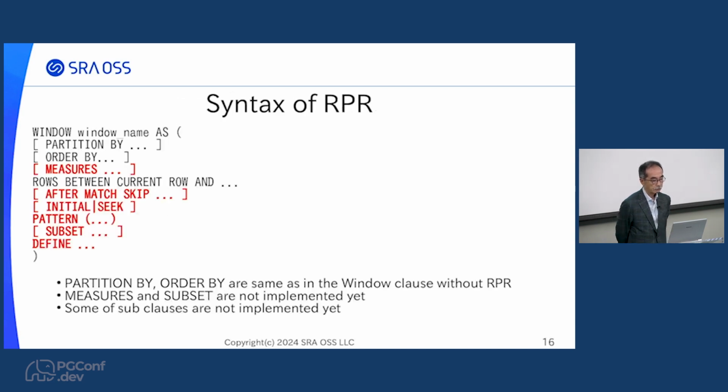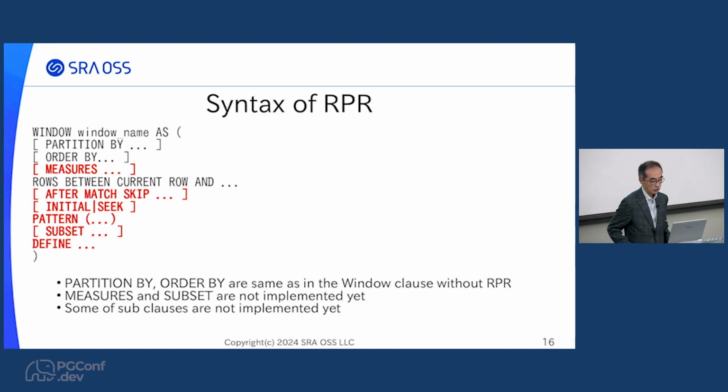Okay, from now on, I'm going to discuss the syntax of RPR. This is the whole window clause syntax. The red bold lines are clauses new to RPR. In these clauses, partition by and order by are the same as the window clause without RPR.